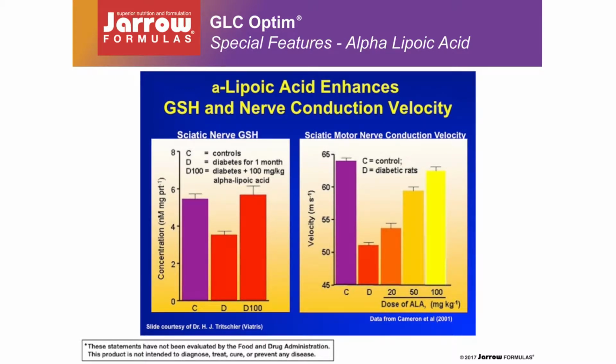Administration of alpha-lipoic acid decreases oxidative stress and completely normalizes the glutathione levels, which is seen in this picture. Alpha-lipoic acid also normalizes electrophysiological measures of nerve function, such as the nerve conduction velocity, which is dramatically decreased in experimental diabetic polyneuropathy and improved dose-dependently with alpha-lipoic acid.